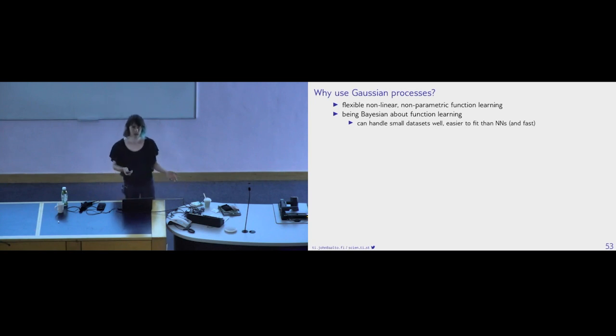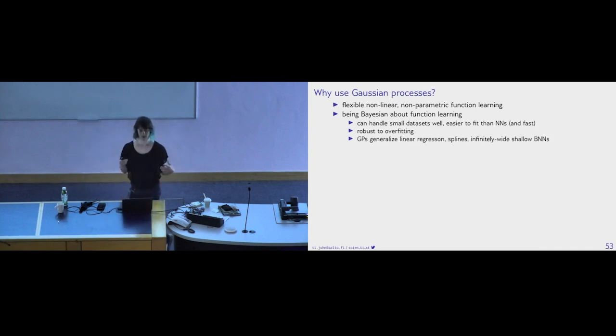Especially on small data sets, GPs are really nice to fit, and in that case, they're also very fast compared to figuring out how to fit a neural network to not overfit your data. So GPs tend to be reasonably robust to overfitting. They also have a connection that I briefly mentioned to linear regression. They're a generalization of linear regression and spline-based models, and you can think about GPs as infinitely wide neural networks.